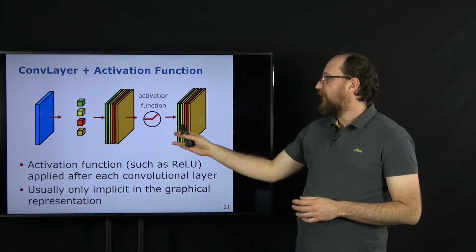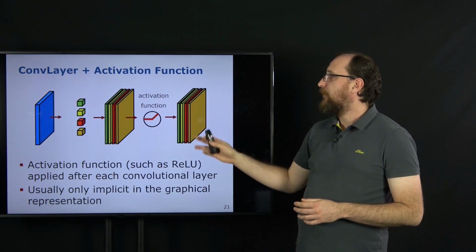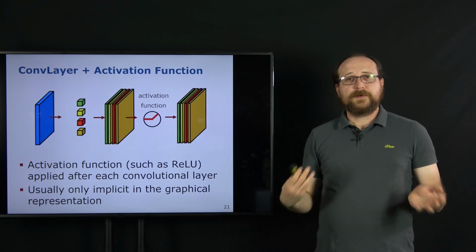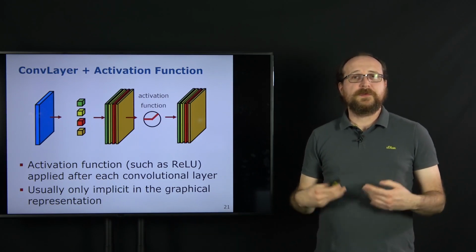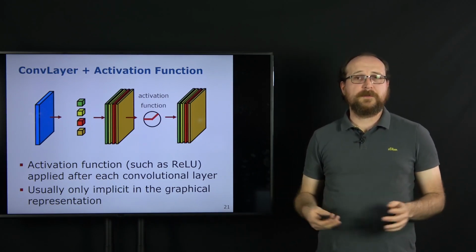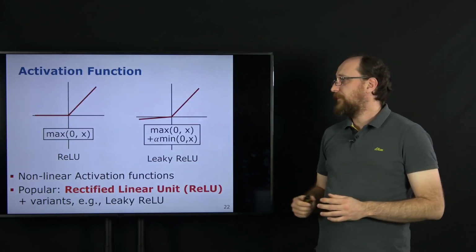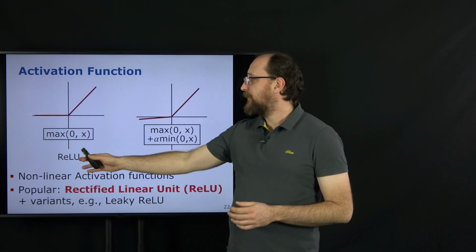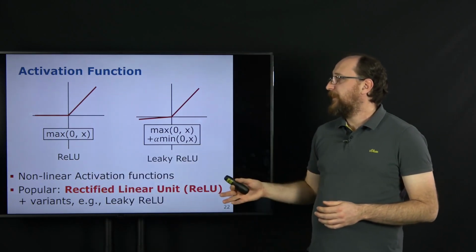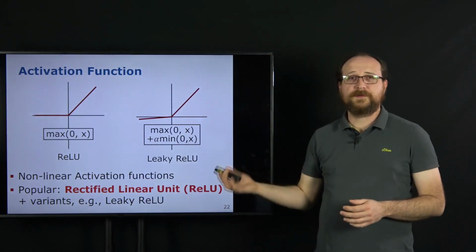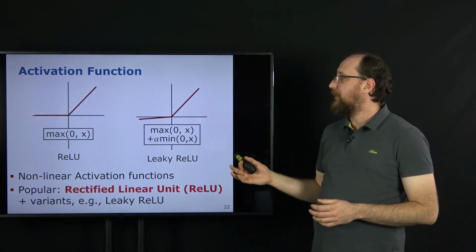These activations are a nonlinear function, and therefore we get some interesting behavior of the convolutional layer, such that we can use it in learning very complex functions. One common activation function is the so-called rectified linear unit, which just sets all values smaller than 0 to 0. And this is the nonlinear behavior.